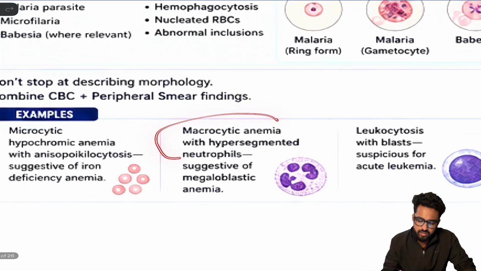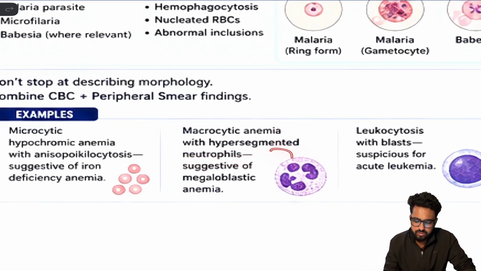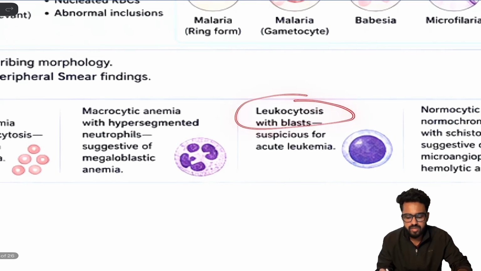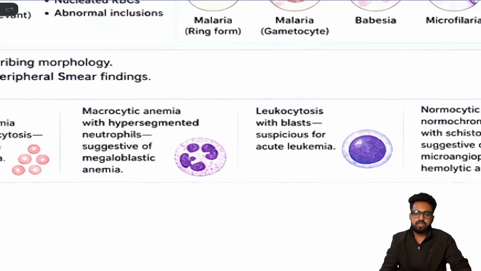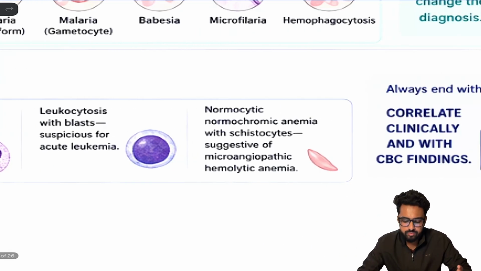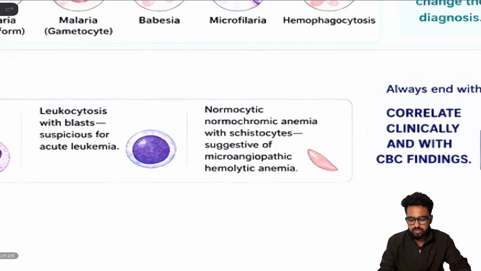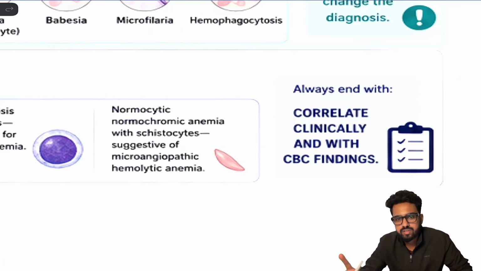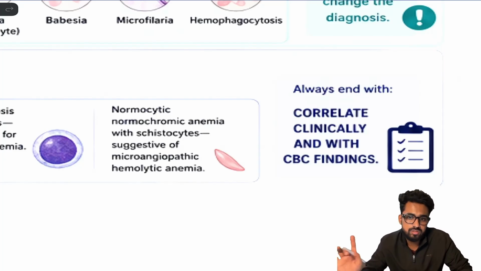Microcytic anemia with hypersegmented neutrophils, then you can give suggestive of megaloblastic anemia. Leukocytosis with blasts, then suspicious for acute leukemia. Always correlate with the clinical history, also very important. Normocytic normochromic with schistocytes, then you can go for microangiopathic hemolytic anemia. So this is very important, always correlate with clinical findings and clinical history of the patient and the CBC from the automated counter.